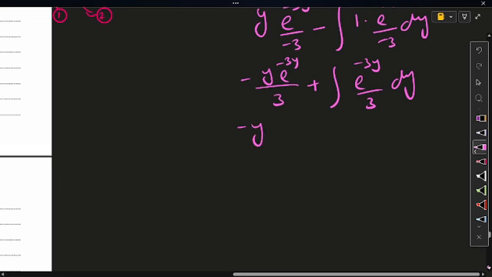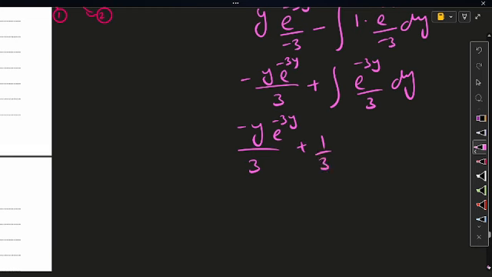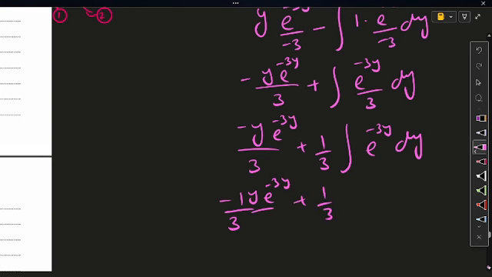And that is minus y by 3 e raised to the power minus 3y plus 1 by 3, which can be taken outside, e raised to the power minus 3y dy. The integral of e raised to the power minus 3y again becomes e raised to the power minus 3y by minus 3, plus some constant of integration.